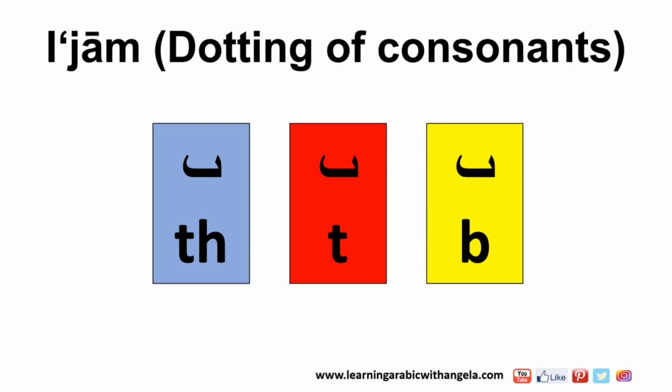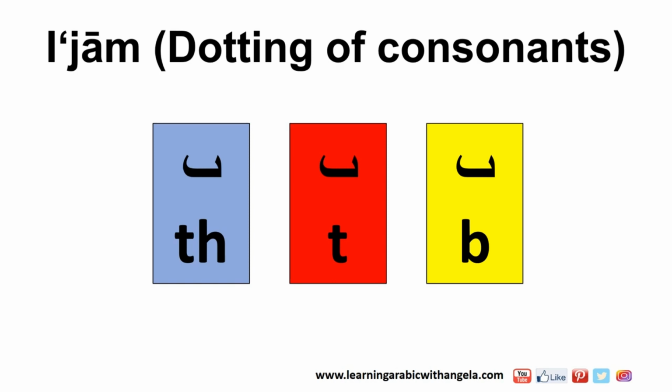I'jam or dotting, or what was simply called nuqat, that is, dots, represented the diacritic points that distinguished various consonants that have the same form or rasm. It was therefore used as a method of phonetic distinctions of consonants. If we look at this example here, these boat-shaped consonants look exactly the same.